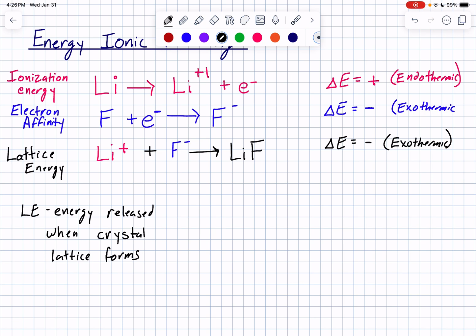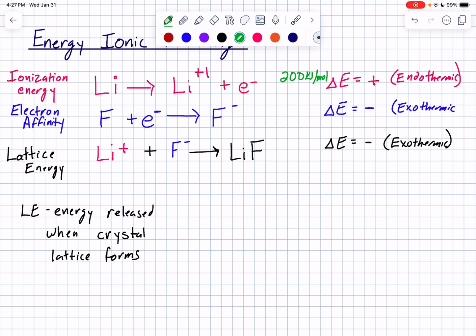And so as we said, that's going to be a very large amount of energy because we have all of those attractions forming. I showed that 6 attractions form, and that was just with one of my ions. So all of my ions are forming those multiple attractions. So a lot of energy is being released. If I were to put some numbers with this, let's just say, for example, that my lithium requires 200 kilojoules per mole.